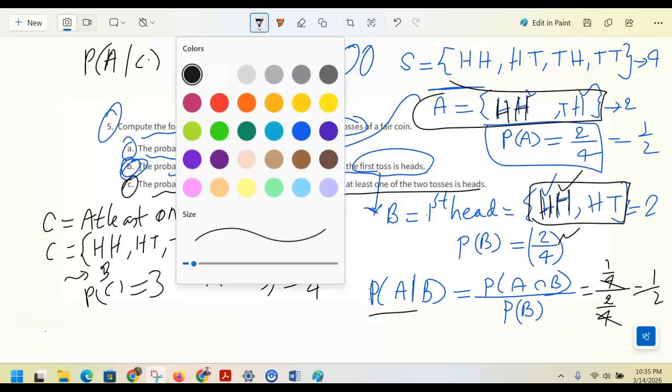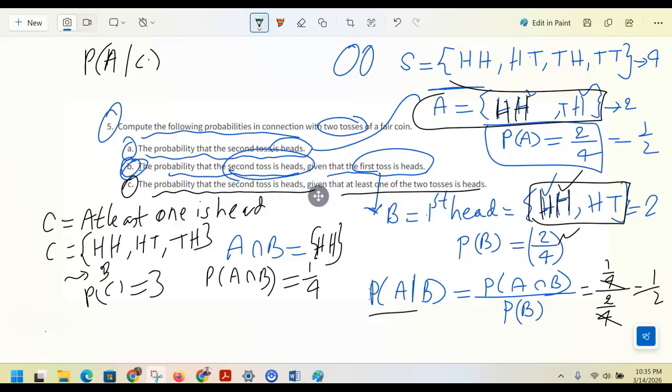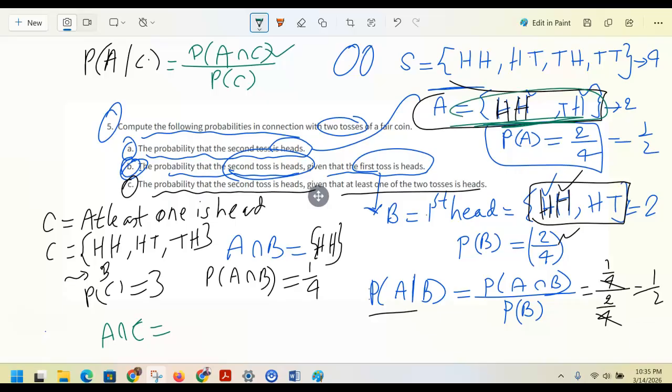And what is the common here? I'm going to use green color to show the C, because this will be probability of A and C, and probability of C, by conditional probability. So how do we find A and C? We need to know what is A and C. A is here and C is here.